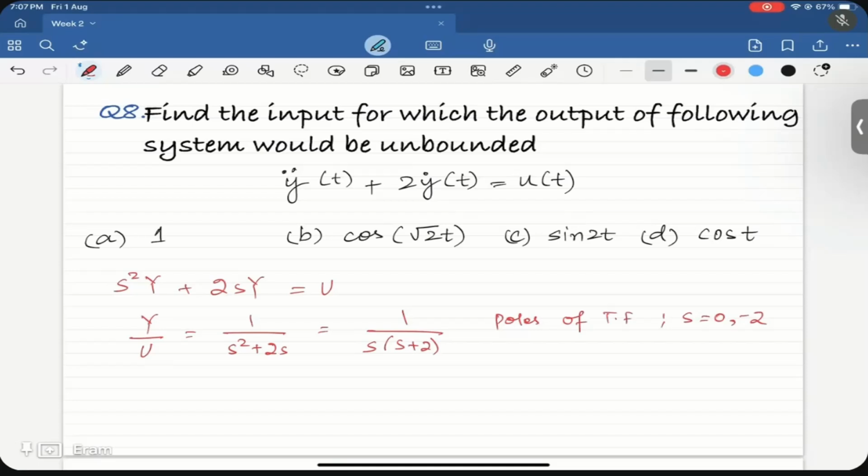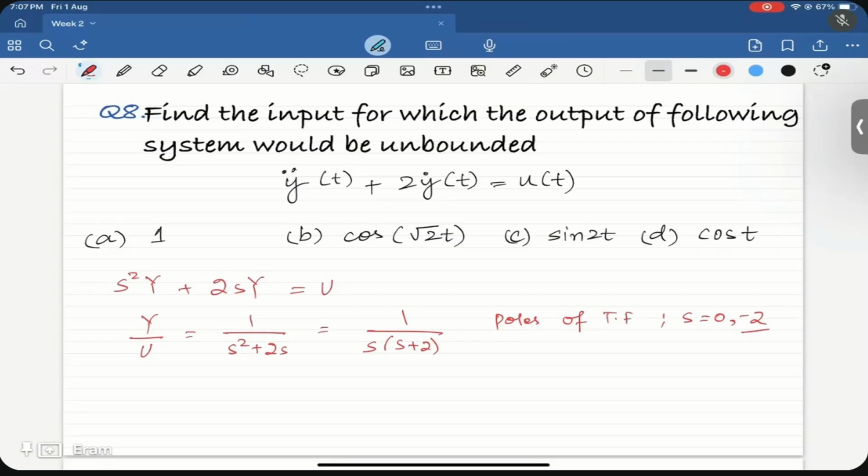If we repeat the pole at the origin, because the origin also lies on the y-axis, right? If any pole is repeated on the imaginary axis, the system will become unstable, or the response will become unbounded.